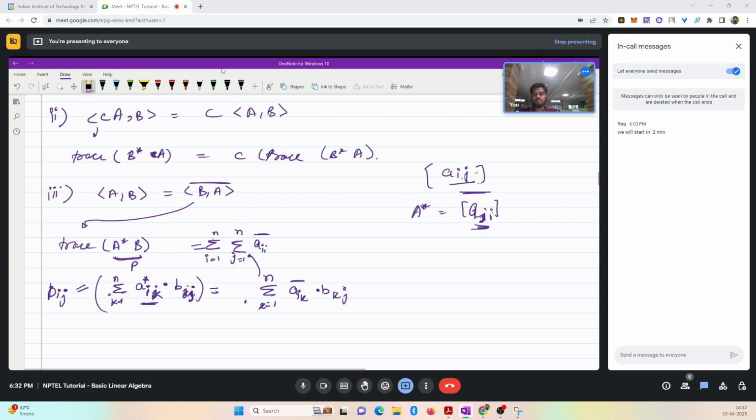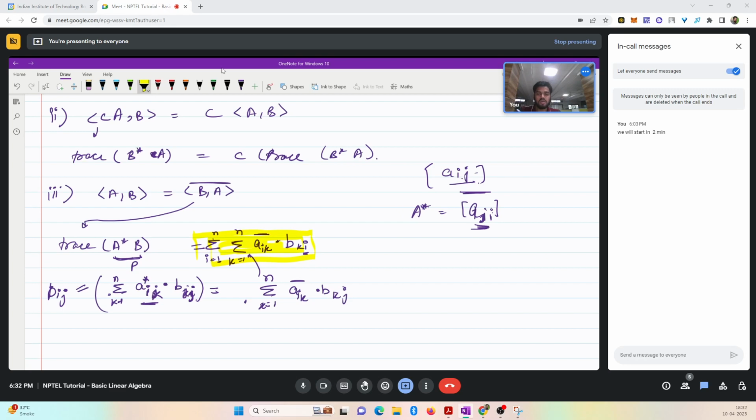So now if we take k over here, this is Aik conjugate multiplied by B of ki, because now we have i is equal to j. So this is the formula for our trace.